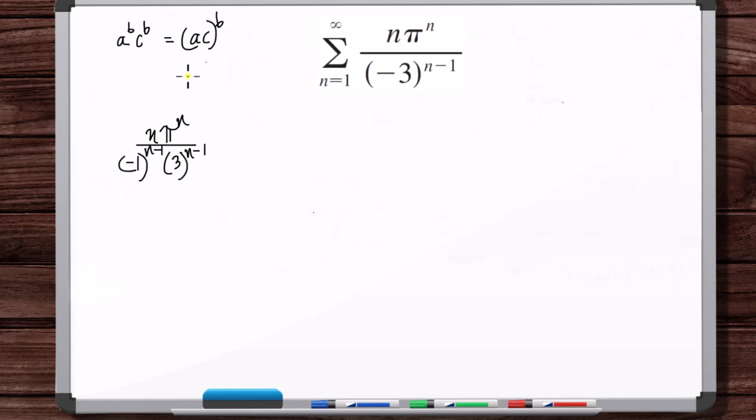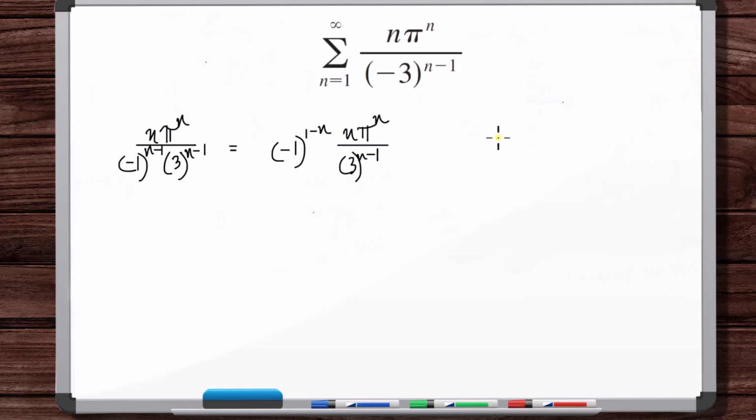And so now if we bring this into the numerator, for going from 1 to infinity, this is always positive.